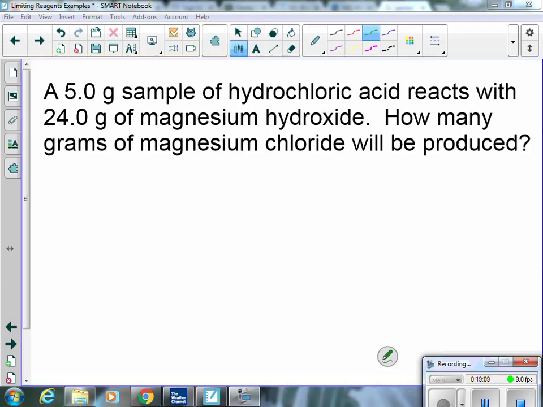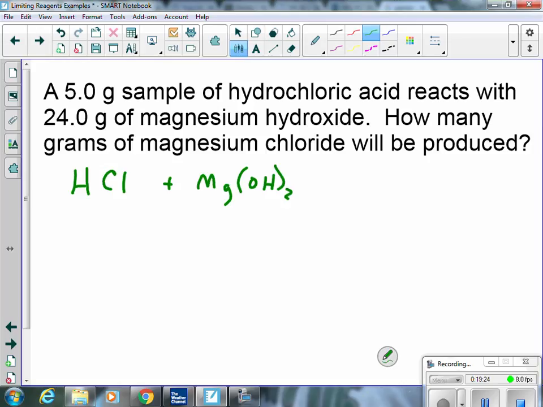This is a neutralization reaction. So as I go through and get my chemical equation, hydrochloric acid reacts with magnesium hydroxide, and it yields magnesium chloride and water.